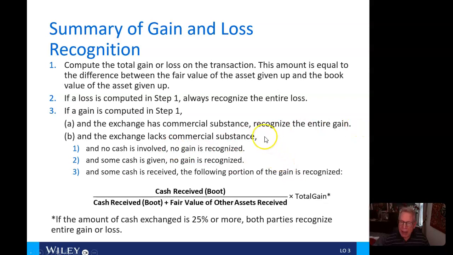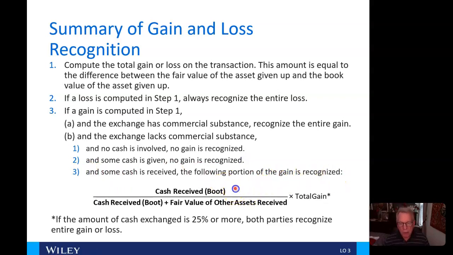But if it lacks commercial substance, as Bravo here, and one, no cash is involved, then no gain is recognized. If some cash is given, no gain is recognized. If some cash is received, the following portion of the gain is recognized.